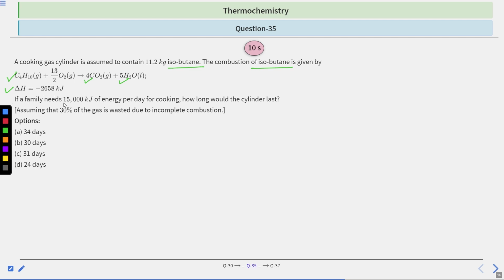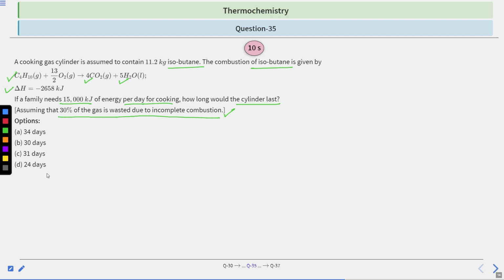Now, if a family needs 15,000 kilojoule of energy per day for cooking, how long would the cylinder last? Assume that 30% of gas is wasted due to incomplete combustion. We have to keep this assumption in mind while solving the question. The options are 34 days, 30 days, 31 days, or 24 days.